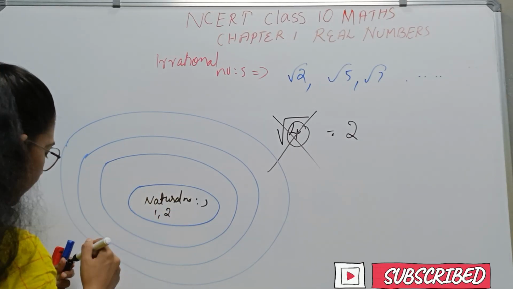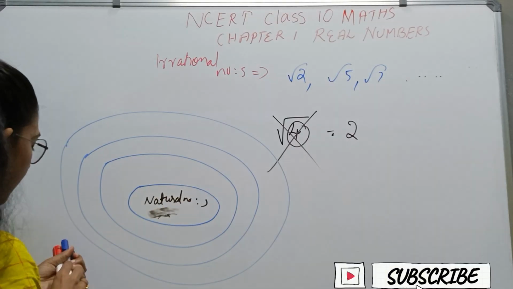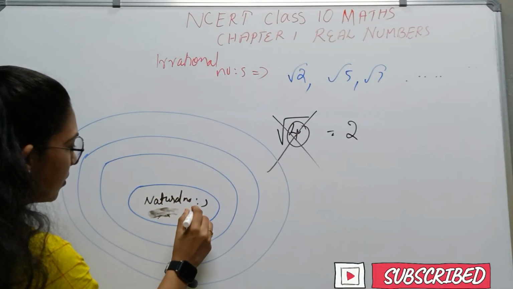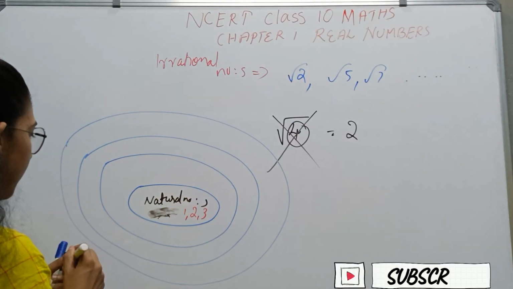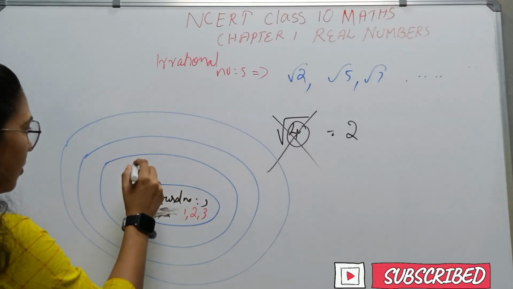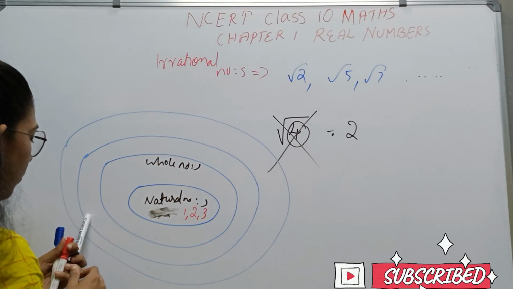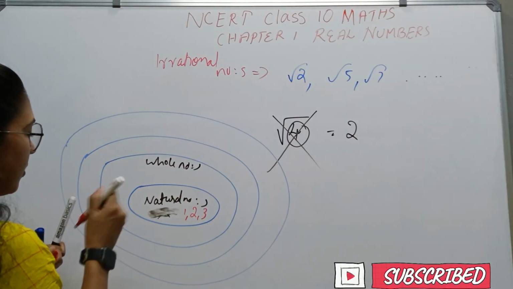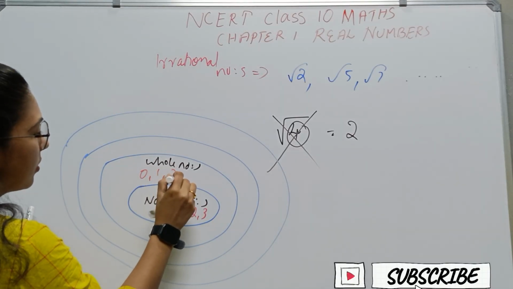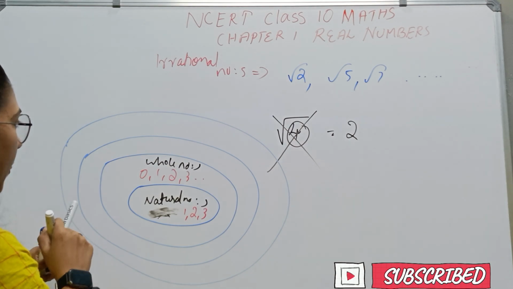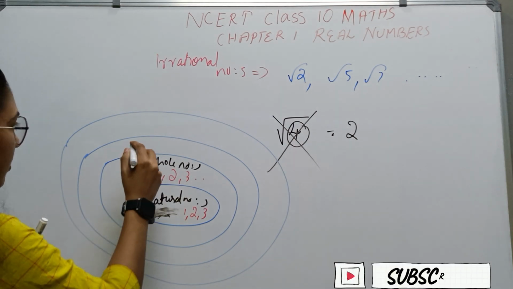That is 1, 2, 3, etc. Then whole numbers. What is whole numbers? Which is 0, 1, 2, 3, etc. Next one is integers.